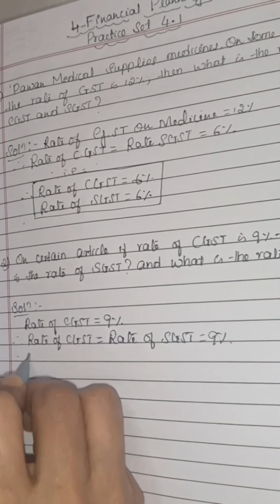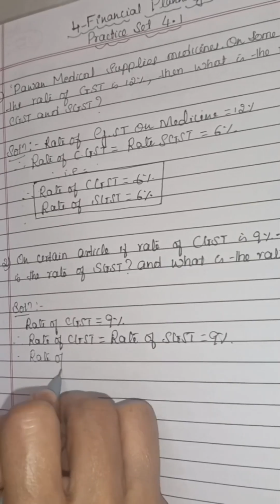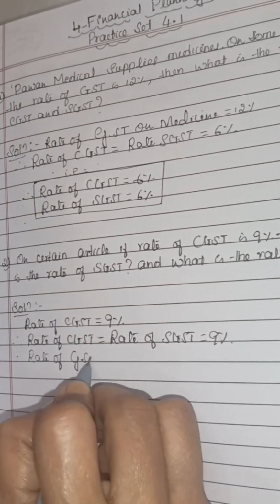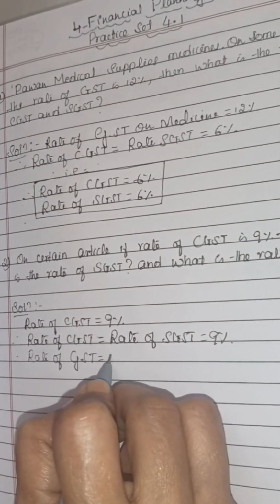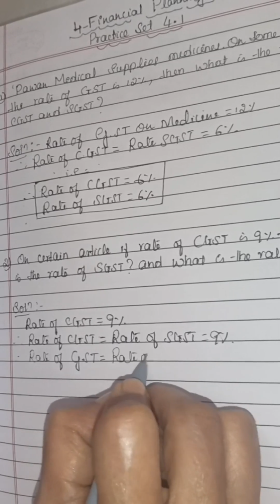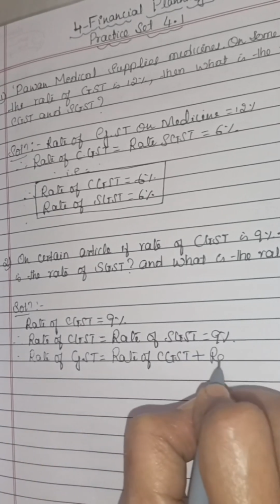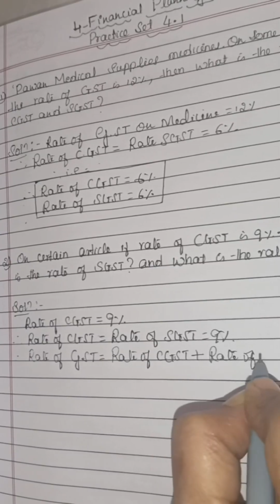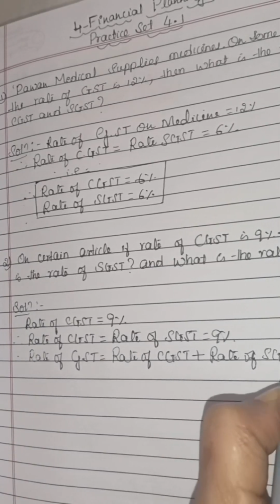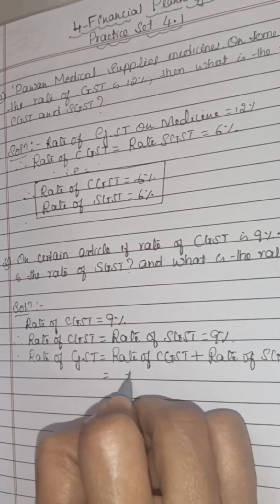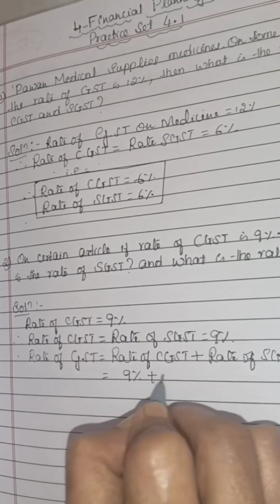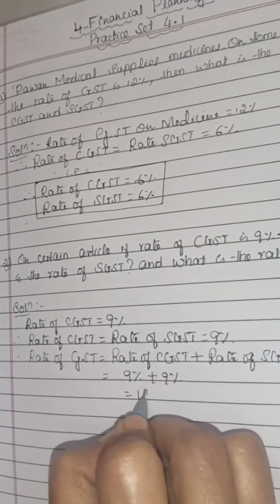Then the second question is, what is the rate of GST? Therefore, rate of GST is equal to rate of CGST plus rate of SGST. This is 9% plus this is 9%, totally 18%.